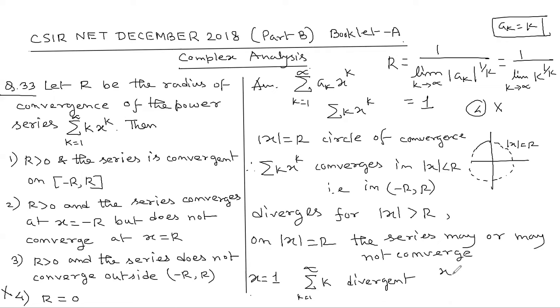And for x equal to minus 1, we get minus 1 to the power k into k, which also diverges. So here we can see the series converges only in the open interval minus R to plus R. So the series does not converge outside minus R to plus R. So the third option is correct and the second and first options are incorrect.